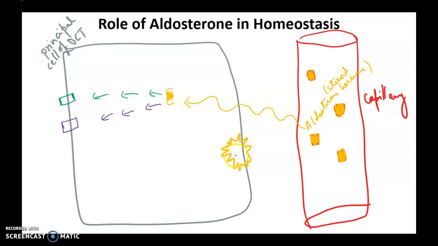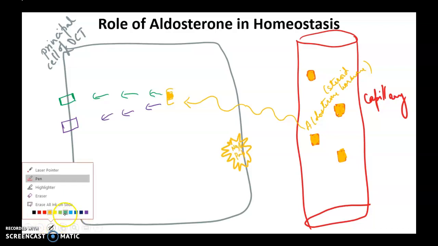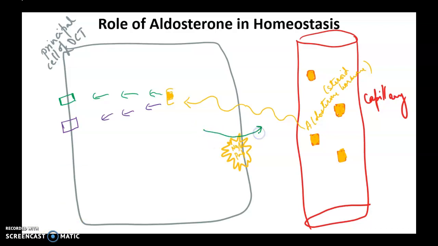Now on this side we have our favorite, our sodium potassium pump. What will this do? The sodium potassium pump will get rid of 3 sodium and will take in 2 potassium. Right? Okay. Since it's pumping out sodium from the distal convoluted tubule, and remember we have the lumen here, right?